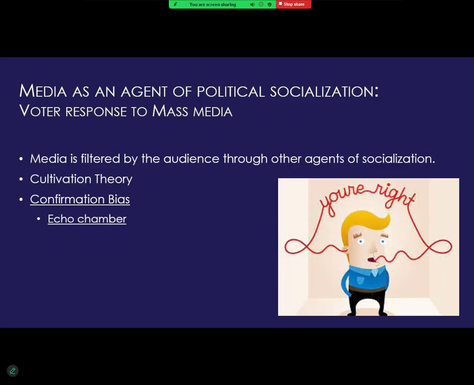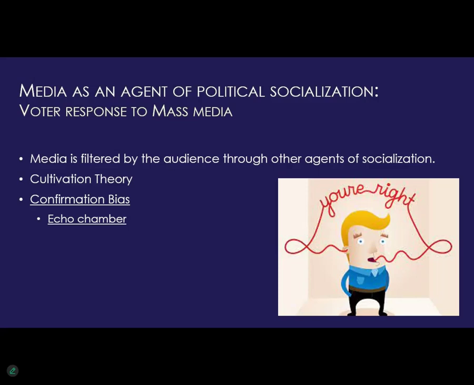Echo chambers can create misinformation and distort a person's perspective, so they have difficulty considering opposing viewpoints and discussing complicated topics. Social media contributes to the formation of echo chambers because they use algorithms that determine how the news feed will build from the stories we choose to click on and read. The algorithms will feed us more of the same thing rather than giving us varied perspectives on an issue.